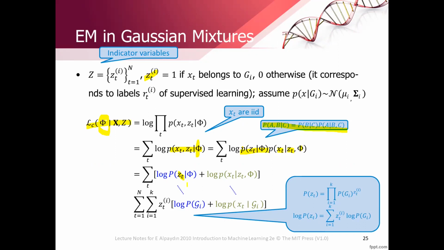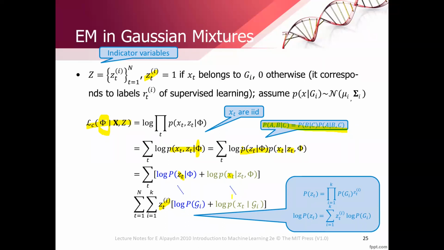So this will be a sum of logarithms. And so it's here. We have the assignment times the logarithm of the probability of belonging to cluster I. And similarly, this is the probability of the observation xt.